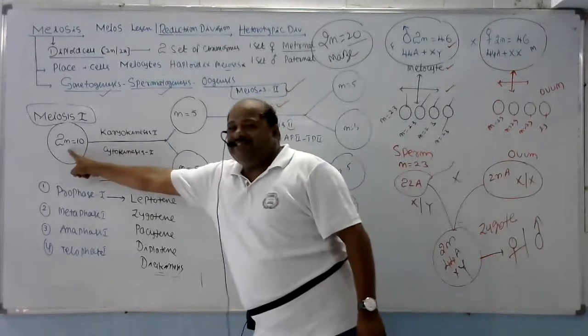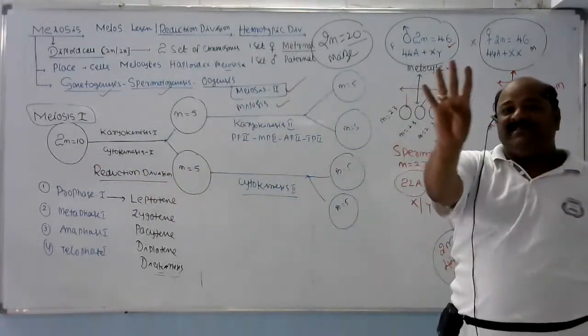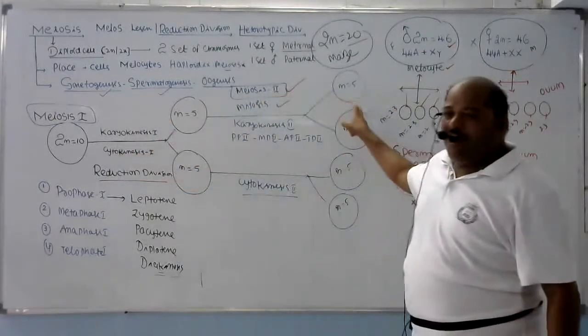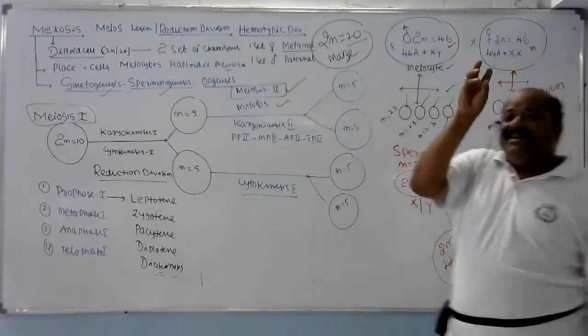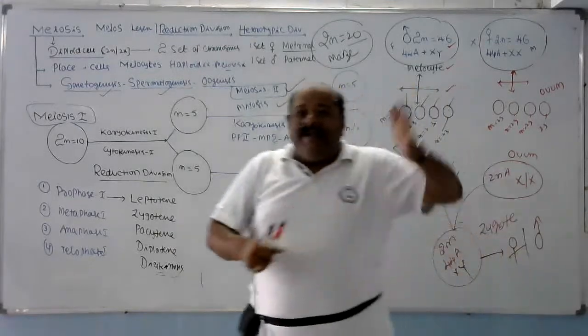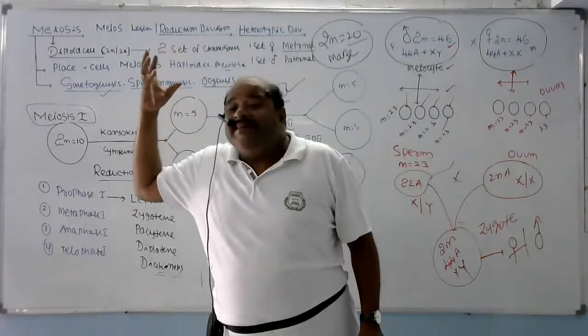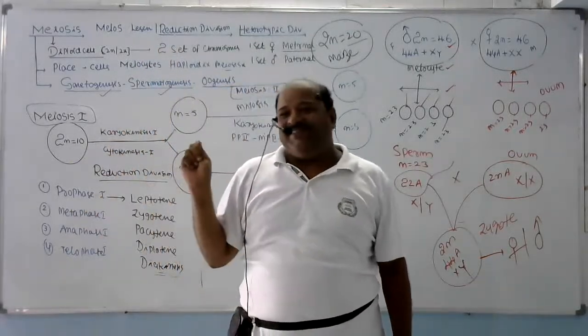So, one meiosis process gives rise to how many haploid cells? Their chromosomal number is reduced to half, whereas in the mitosis process, the same chromosomal number is present in the daughter cell. One maintains genetic integrity, the other maintains genetic constancy in every species.